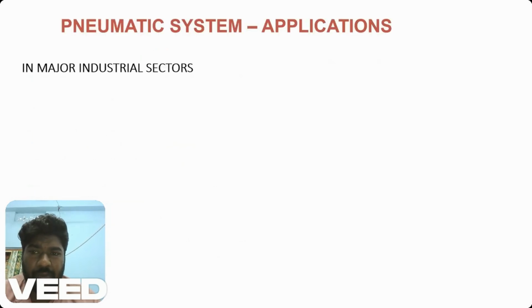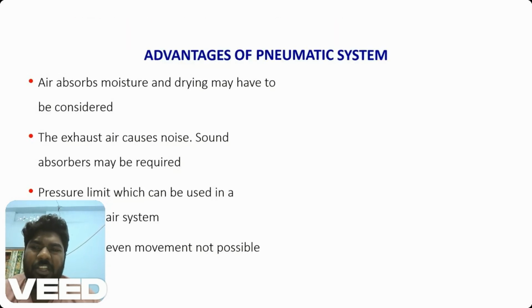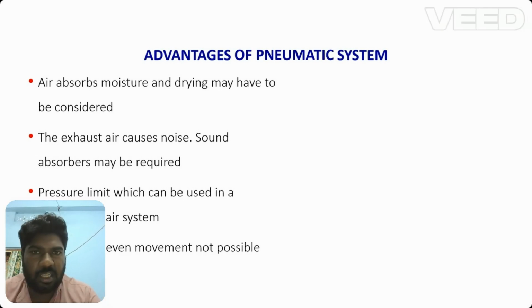Whereas coming to disadvantages of pneumatics, it absorbs moisture, and this moisture needs to be removed. And the major challenge that we face in industries is this moisture only. We place at multiple places these filters and drain units, so that we can remove moisture.